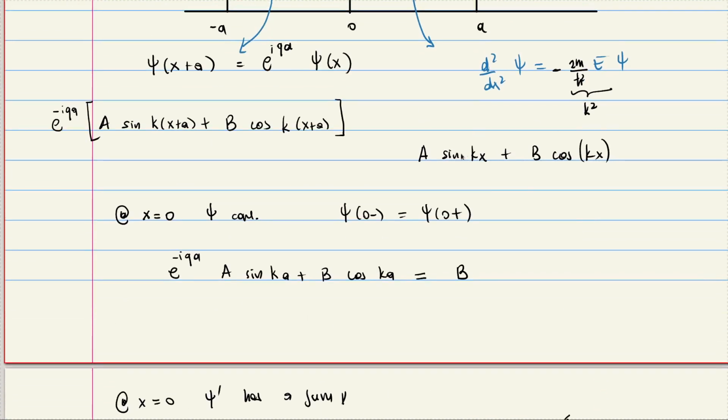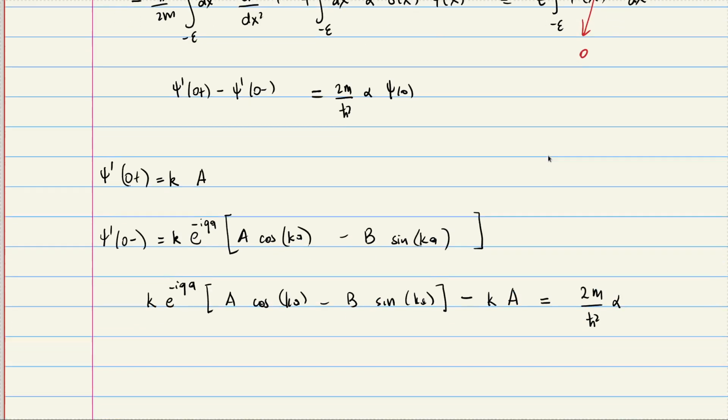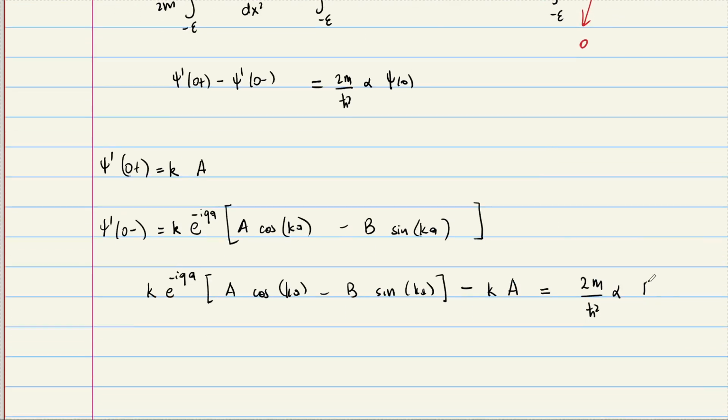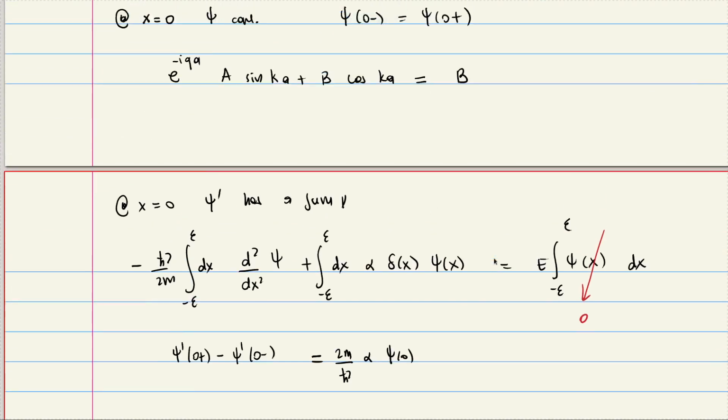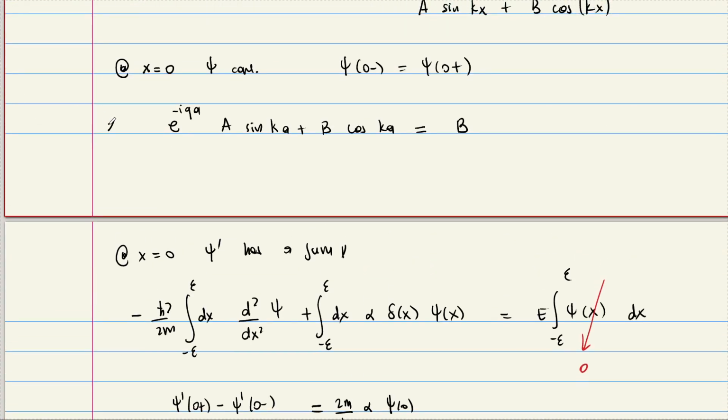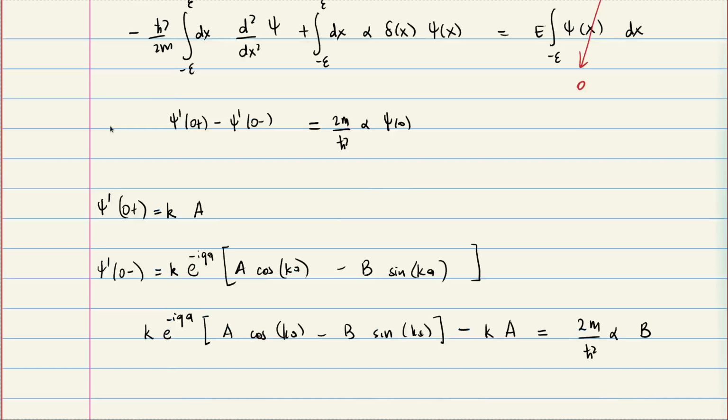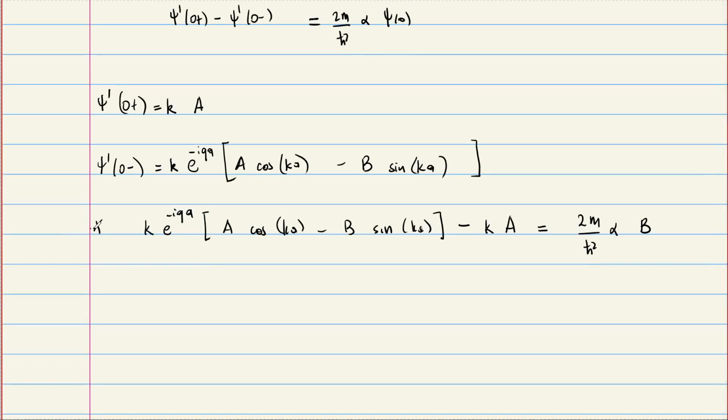At x equal to 0, this term will be 0, it's going to be just b. So I have two equations. This is boundary condition number 1, and this is boundary condition number 2. I will use these two equations to eliminate one of a or b.